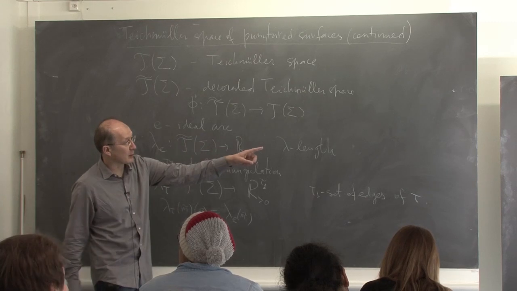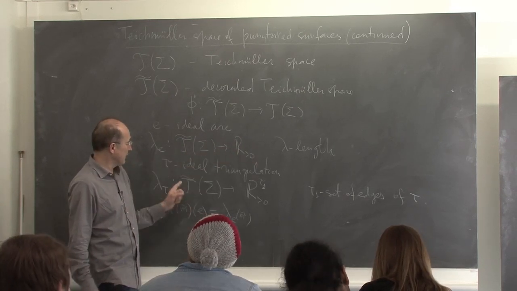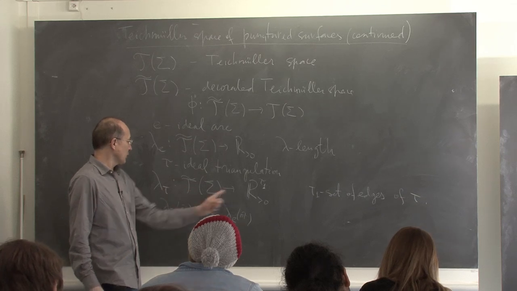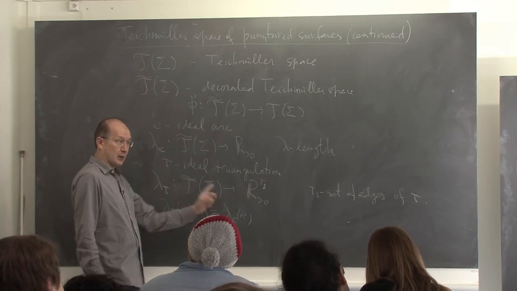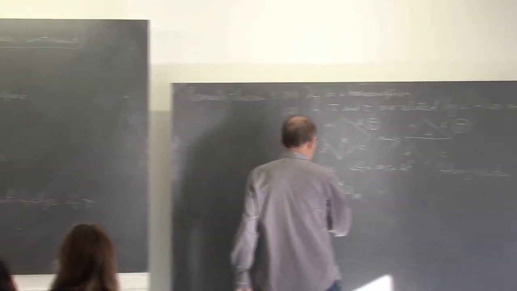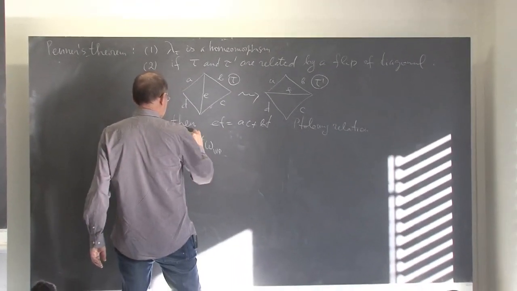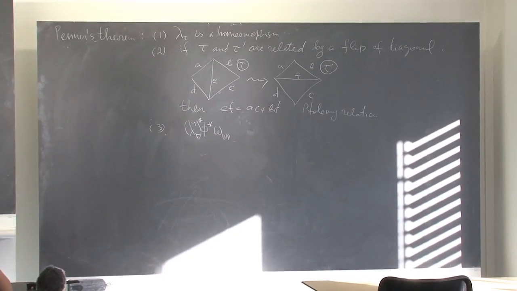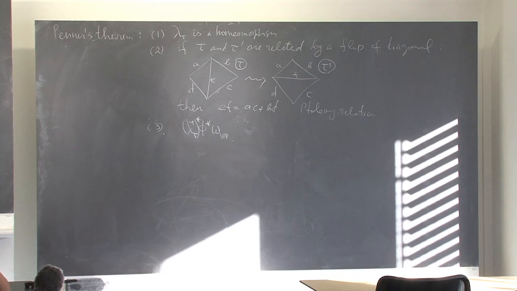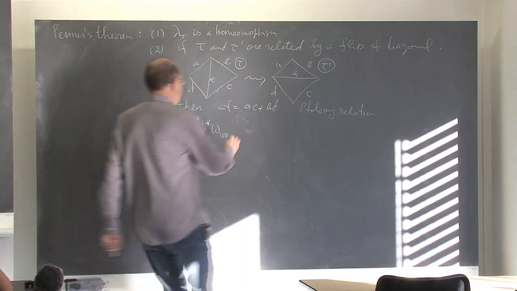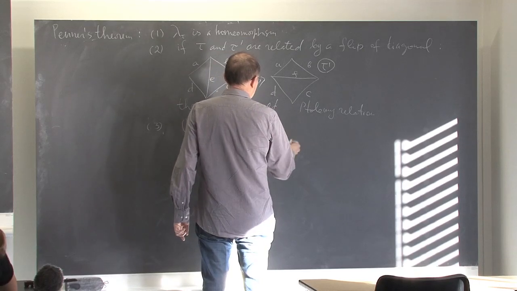So now the pullback by phi of the Weil-Petersson form lives here. Then we can pull back by the inverse of lambda tau into here. The result will be something living in here, where we have an explicit set of coordinates. And this form is now written explicitly like this.